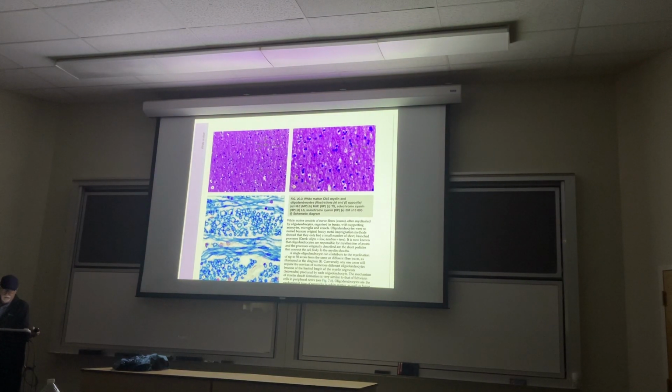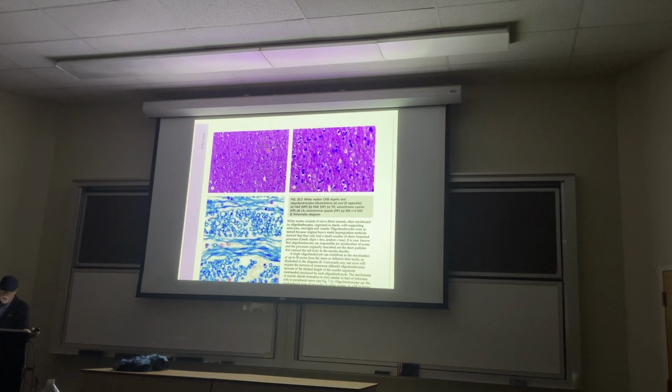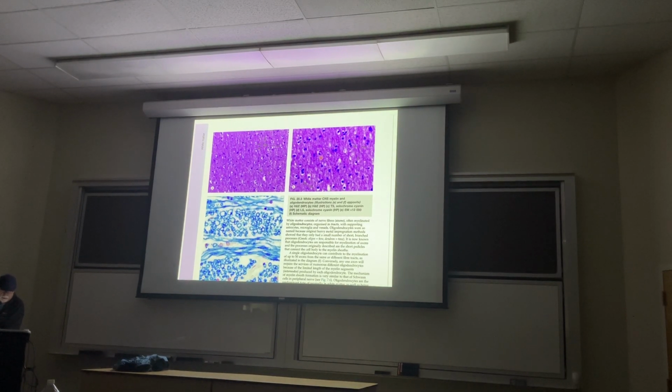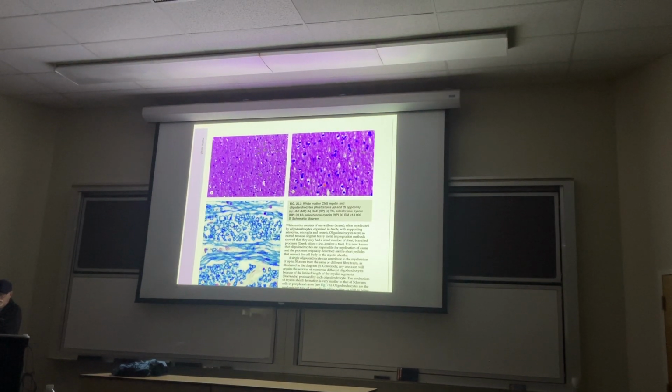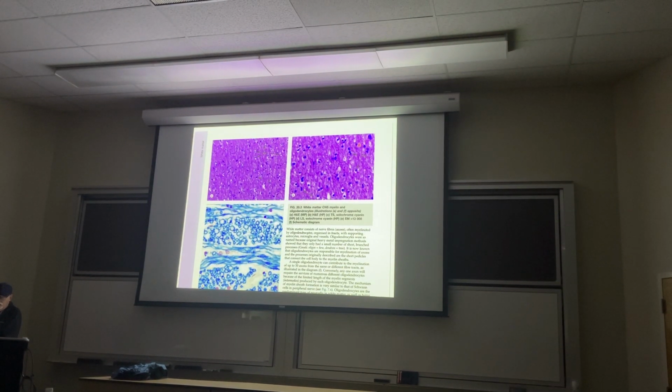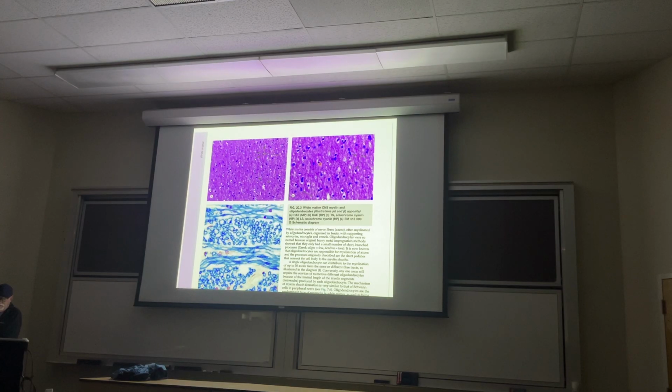This is from your book, but here we see some oligodendrocytes and astrocytes. This image here is magnified more over here. And what we're seeing is these small rounded nucleated cells are called the oligodendrocytes.